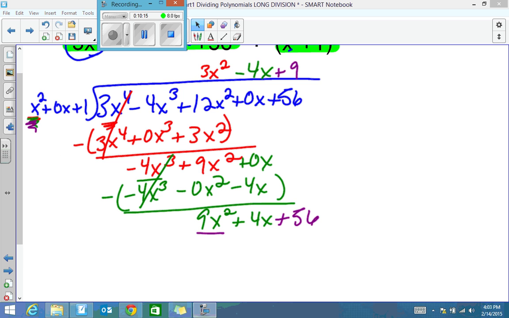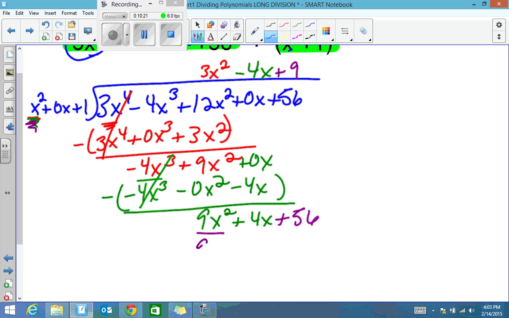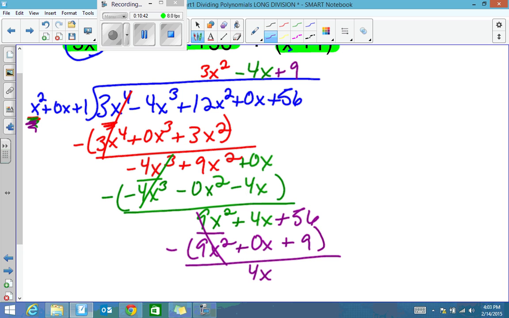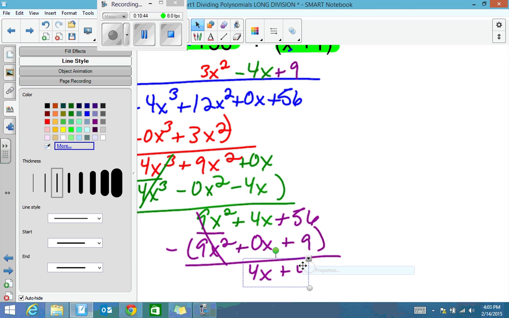So 9 times x squared gives us 9x squared. 9 times 0x gives us 0x. 9 times 1 gives us 9. Now we subtract. 9x squared minus 9x squared cancels out. 4x minus 0x gives us 4x. 56 minus 9 gives us 47.